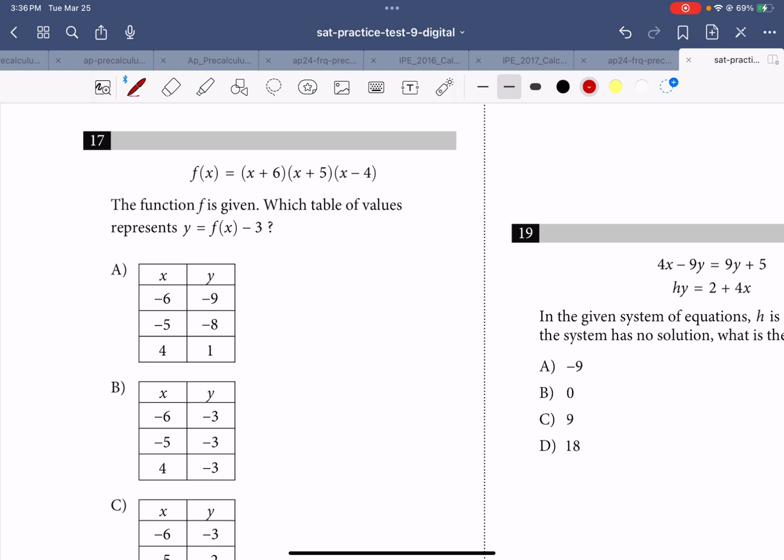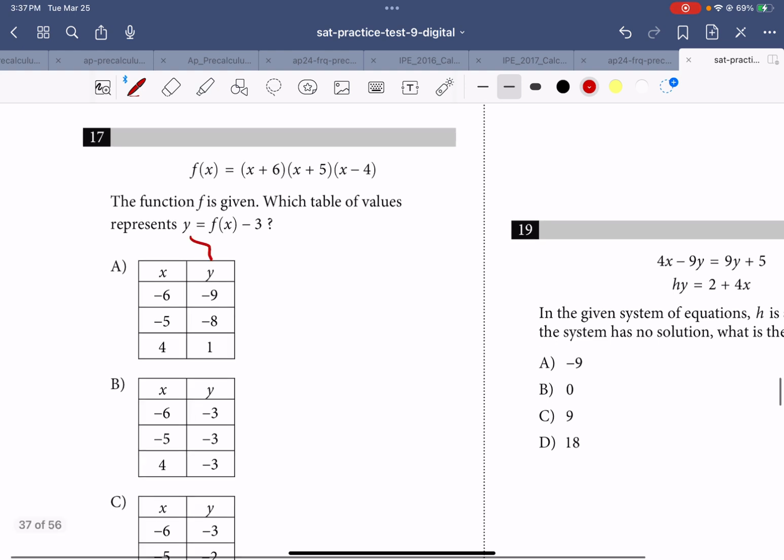F of x is like that. The function f is given, and which table of values represents y equals f of x minus 3? Okay, so this y is right here. What I notice here is that when x equals negative 6, negative 5, or 4, your f of x is 0, right?